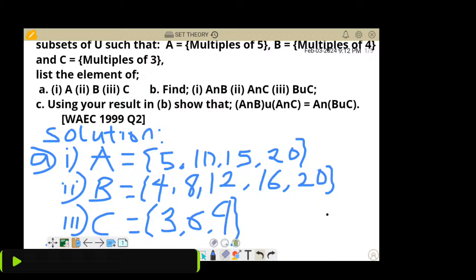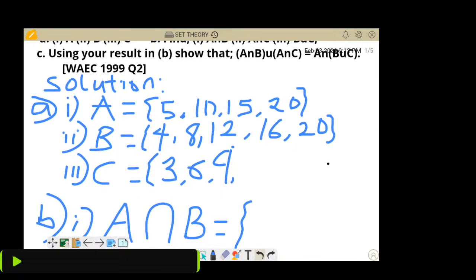And for multiples of 3, I'm going to have some other numbers as well: 12, 15, 18, and that should be all for multiples of 3.